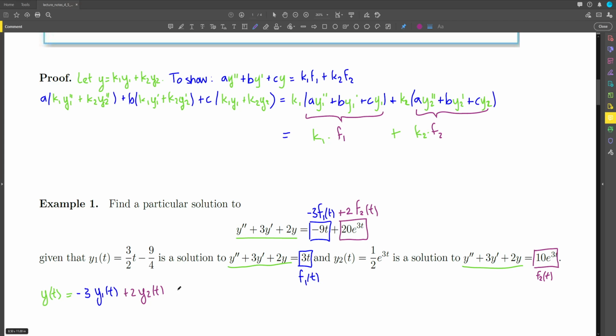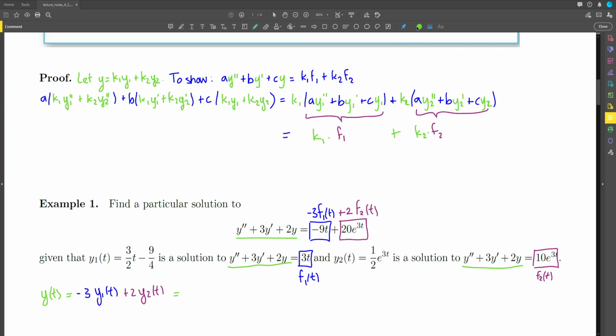Because y1 solves this differential equation and y2 solves this equation. And so by the superposition principle, the linear combination of these two will then solve this differential equation.